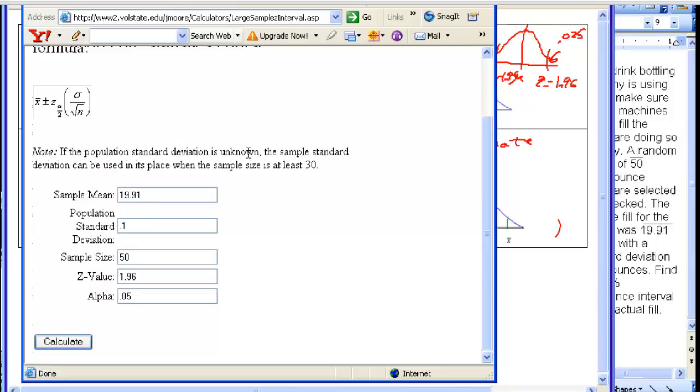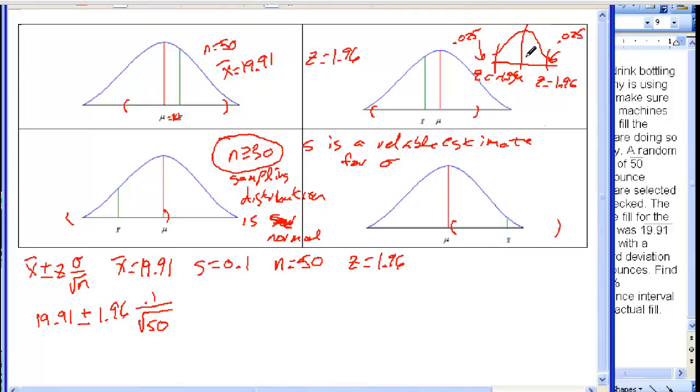It says if the population standard deviation is unknown, the sample standard deviation can be used in its place when the sample size is at least 30. It's 50. So we can use the sample standard deviation here. The z value would be 1.96. We'd look that up in the table. Alpha is 0.05 when we have a 95% confidence interval. Alpha is the area out in the tails that we were talking about here, which is 0.05 when z is minus 1.96 and positive 1.96.